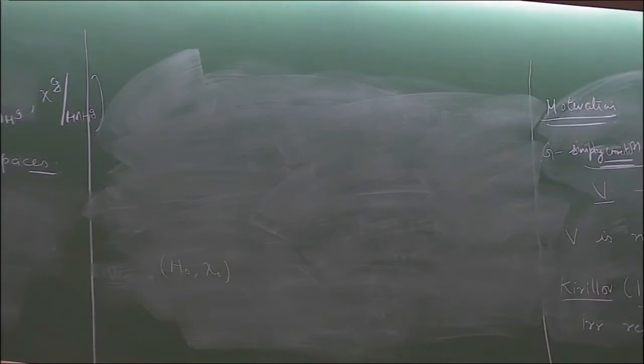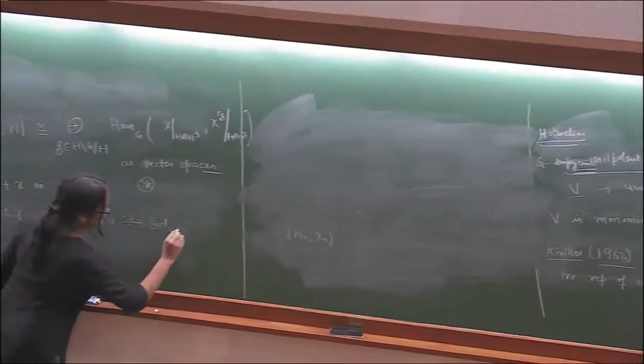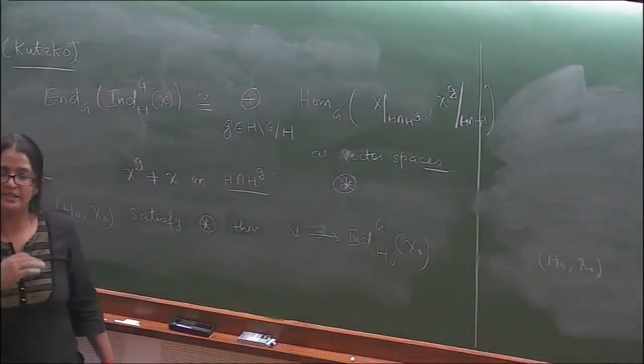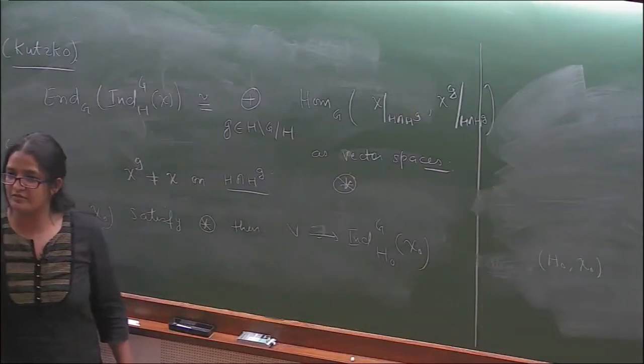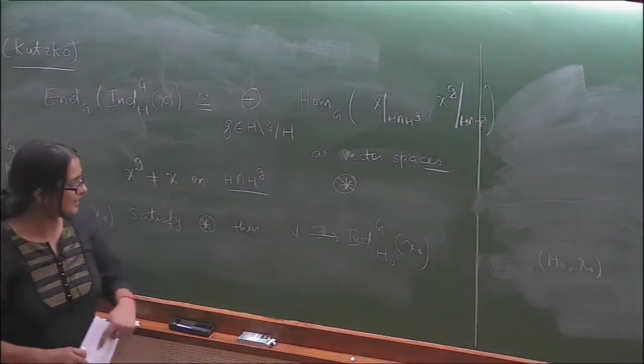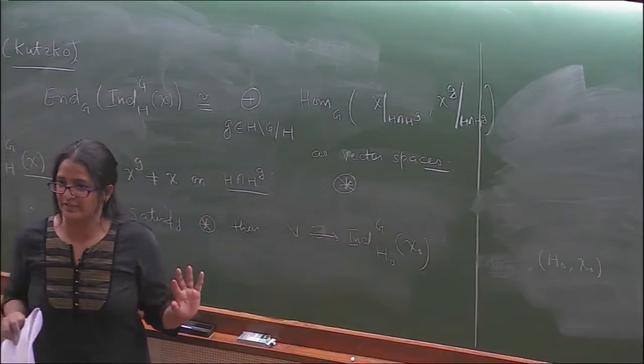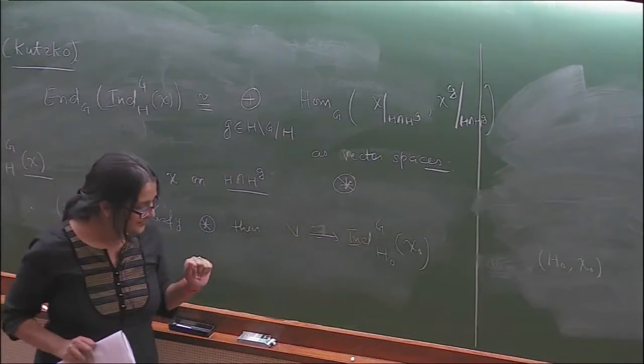So if H naught, chi naught satisfy, let's say this is star, then what we prove is that there exists a non-trivial intertwiner between the irreducible representation and this induced representation. And now, by that theorem, this is irreducible, therefore these are isomorphic. That's exactly what we use, okay?